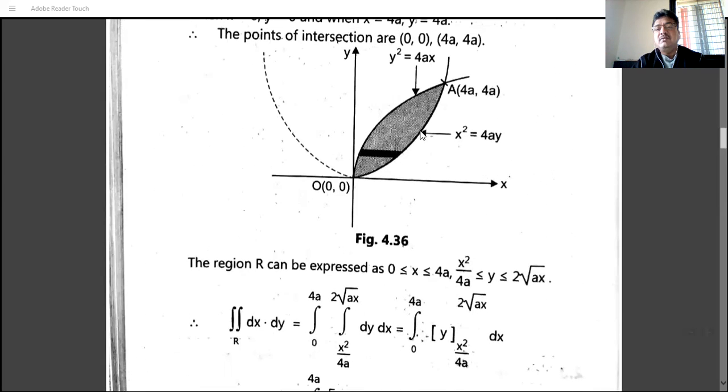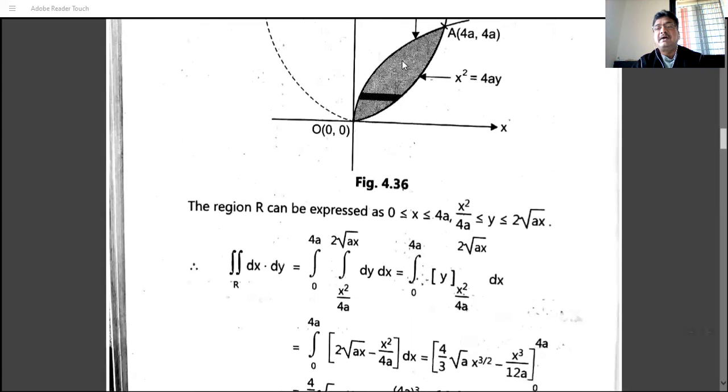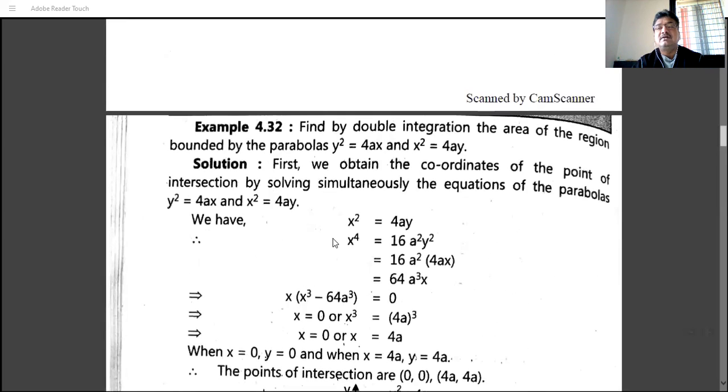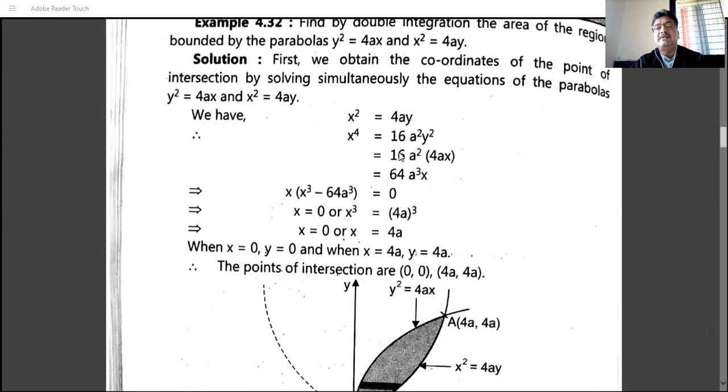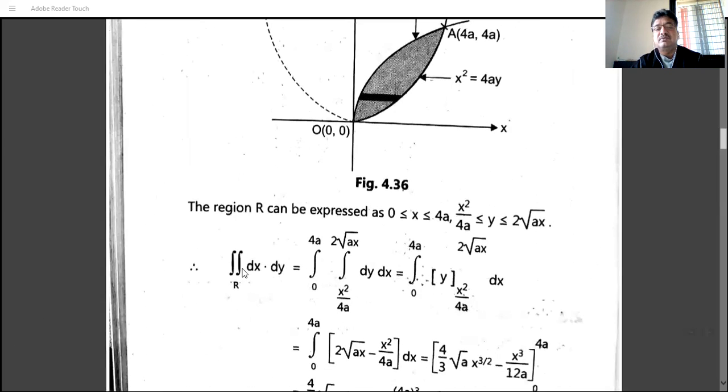Okay, and now we have to find the area bounded by this region. So double integration over R dx dy is the required area, right? The area of the region bounded by these two parabolas is equal to double integration over R dx dy. Then integrate either with respect to y first or with respect to x first.